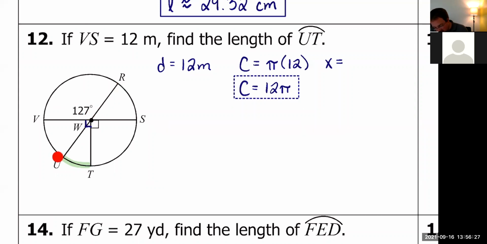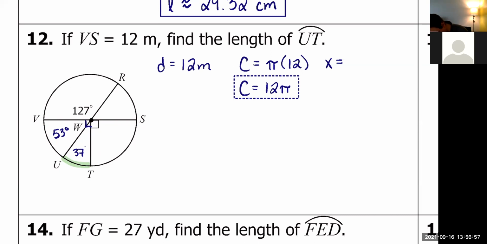RU is a diameter. So if you take 127 from 180, we're going to get this angle right here. So what's 180 minus 127? 53. 53 degrees here. We know this whole segment is 90 degrees because its counterpart right next to it is 90 degrees. So we want what's remaining of the 90 degrees right here. So take 53 from 90, you get 37.